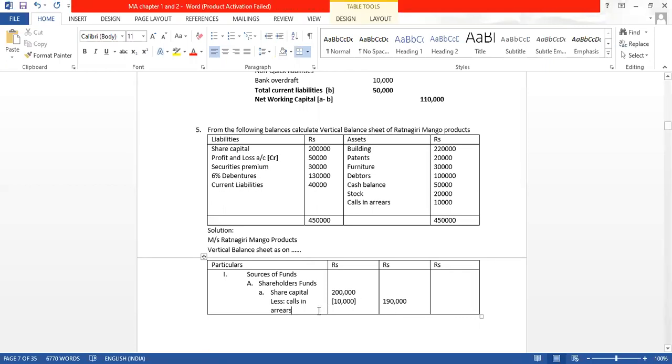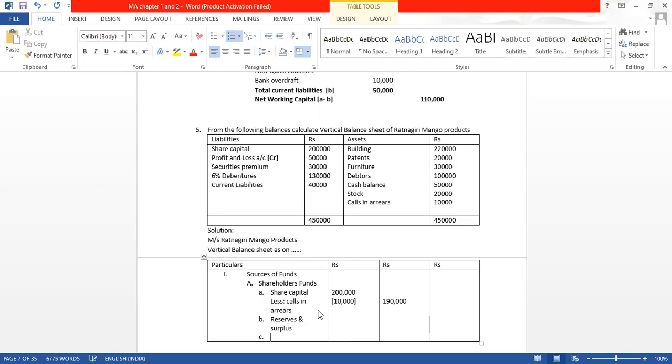So what else will come? Shareholders have right on the capital which they have invested on shares, and also they have rights on the reserves and surplus of the company. So under reserves and surplus, what is given?